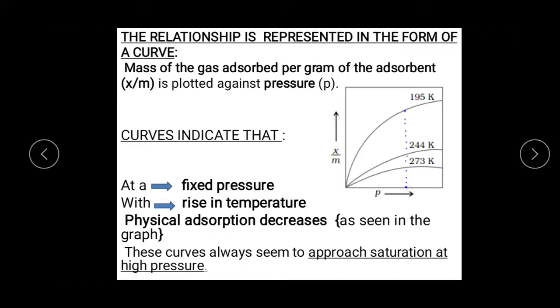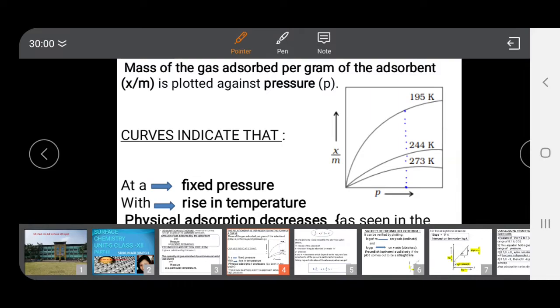So we can conclude that at fixed pressure, with rise in temperature, physical adsorption, that is x by m, decreases. One more thing we can note: when the pressure is approaching the maximum value, that is, pressure is high, saturation is there and adsorption becomes constant.